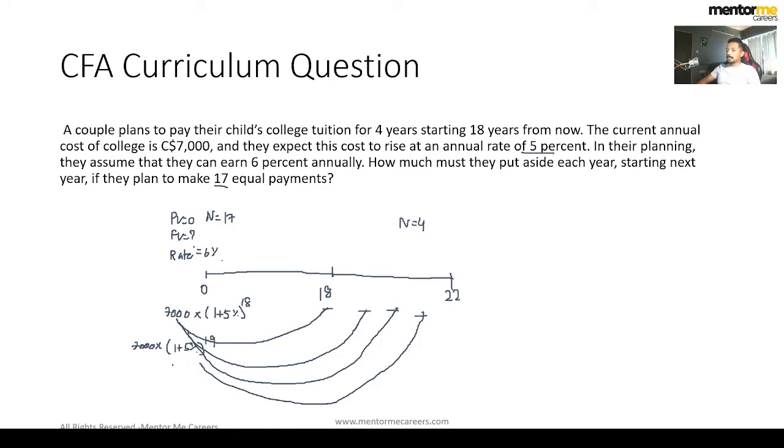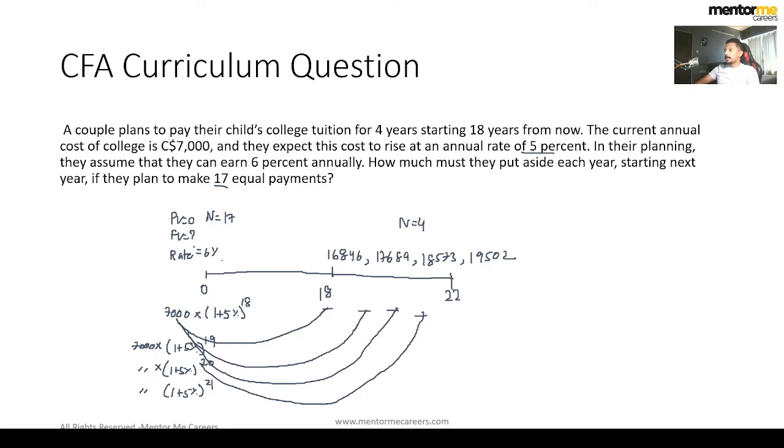Similarly, the same calculation into 1 plus 5% raised to 20, and 1 plus 5% raised to 21. First value comes up to be 16,846. Then the second payment comes up to be 17,689, 18,573, 19,502. So we've got all the payments which the couple has to make for their education.